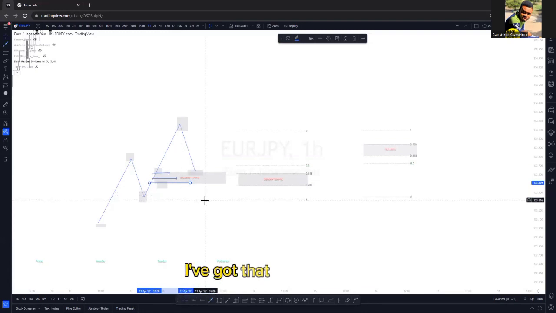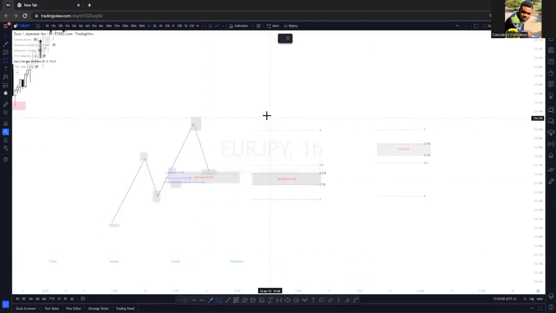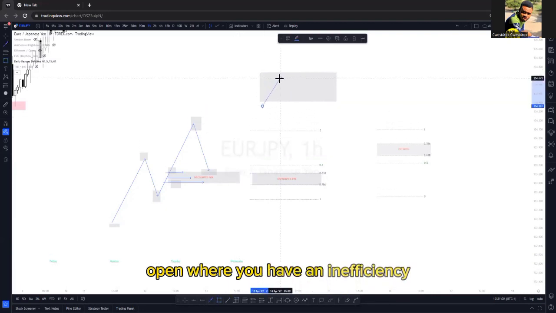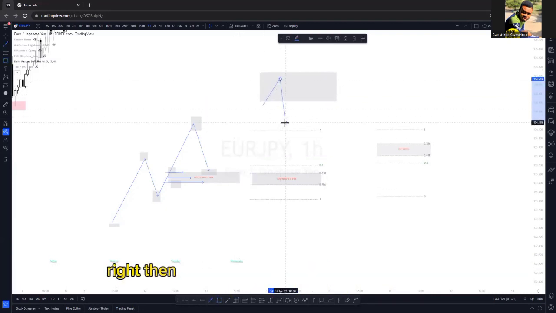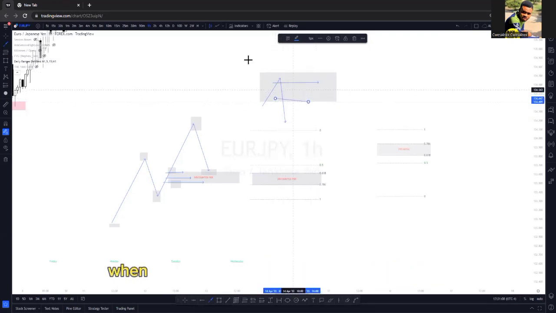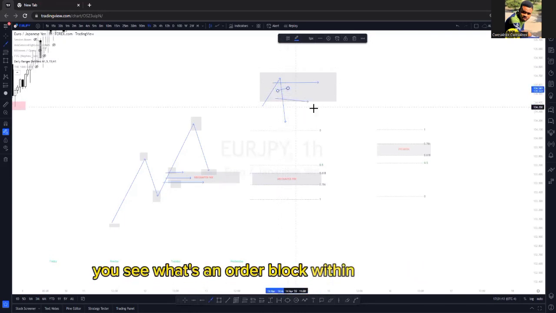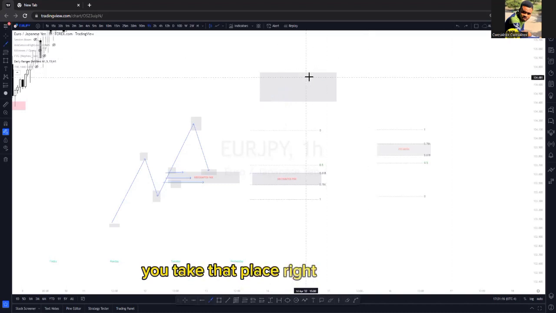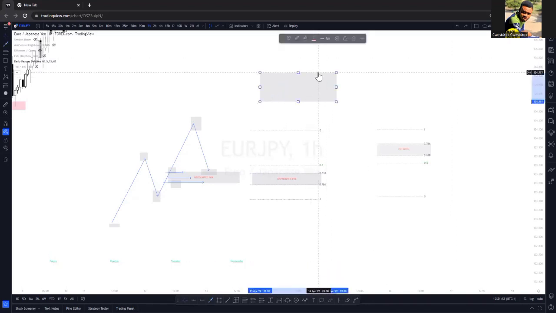I call that OBEM, where you have an inefficiency, then within that inefficiency, when you scale down to the smaller time frame, you see an order block within that zone. So you take that place as your entry.